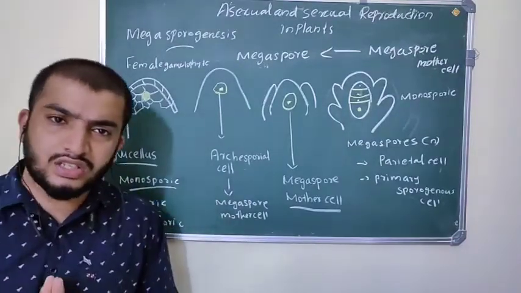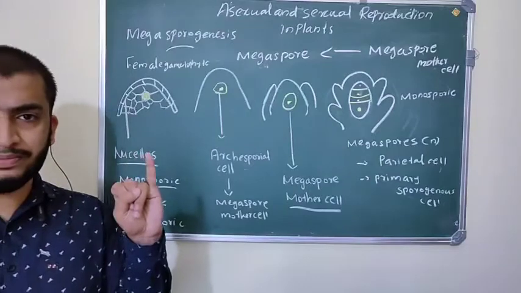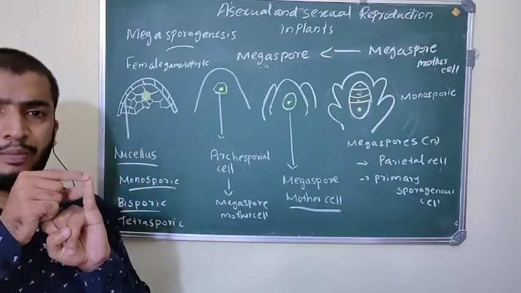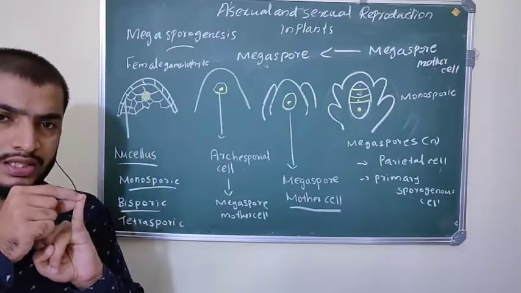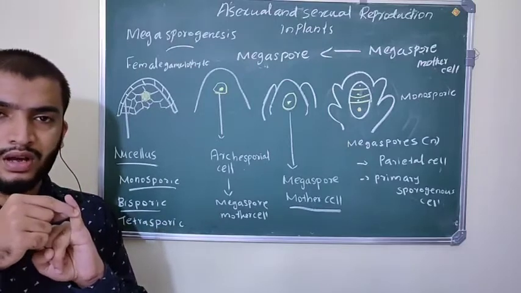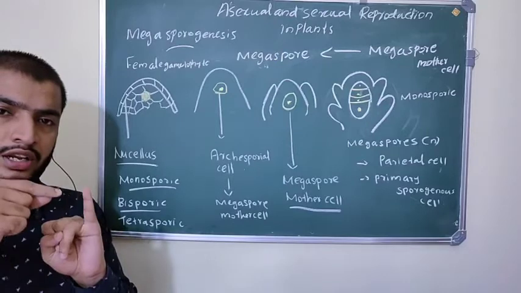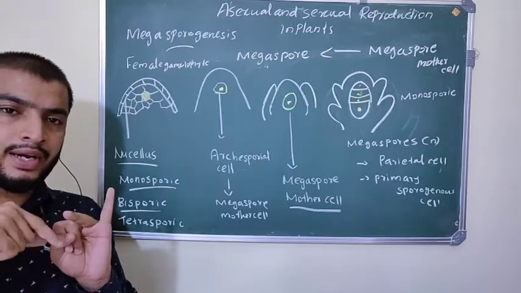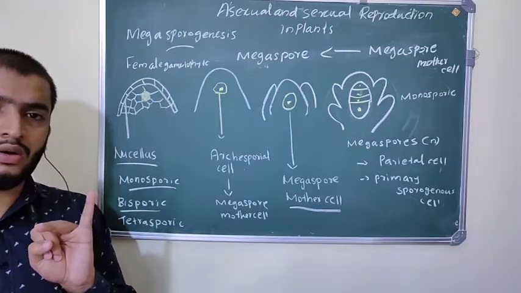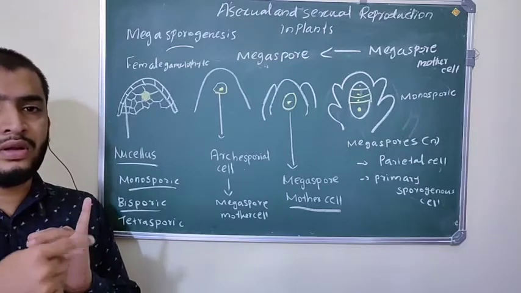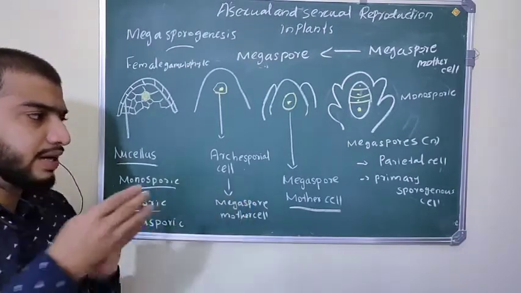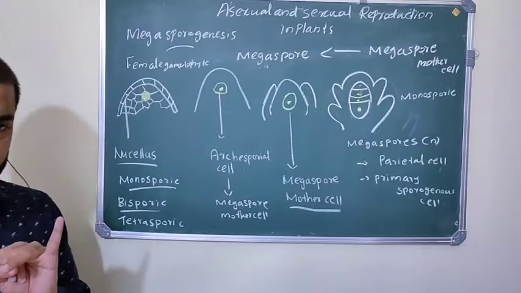So what are the stages? First, one of the hypodermal cells in the nucellus enlarges and becomes the archisporial cell. This archisporial cell may directly become the megaspore mother cell or divide into a parietal cell and a primary sporogenous cell.